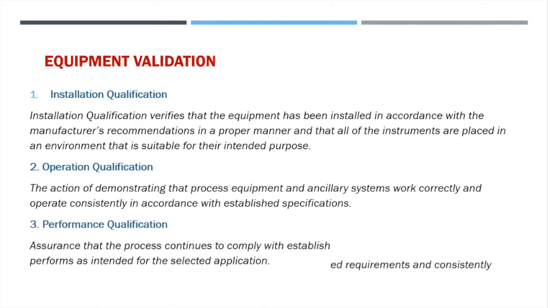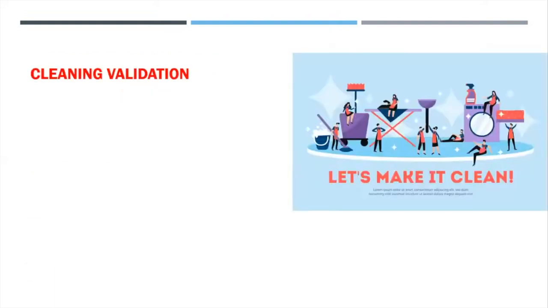And the performance qualification, that the process continues to comply with established requirements and consistently performs as intended for the selected application. Cleaning validation, I have a book on this as well, cleaning validation manual. If you are making paracetamol, and after finishing that batch, you are going to make another batch of paracetamol, you are okay. You only have to make sure that you do not have the packaging stuff available in the area from the previous batch.